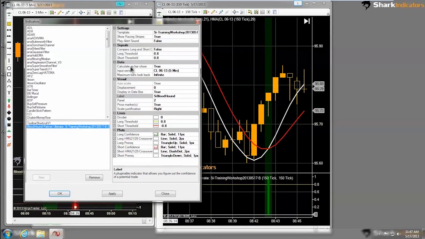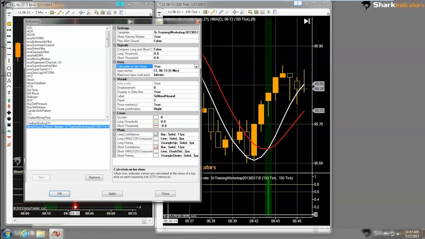And so this setting, once again, is a NinjaTrader setting. So this calculate on bar close applies to all indicators. And this is also available in strategies. So right now the default is true.